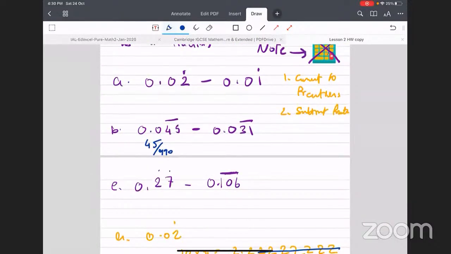Let me check with the calculator. Okay, yes. Minus 31 over 990. So the answer would be over 990, and 45 minus 31 is 14.